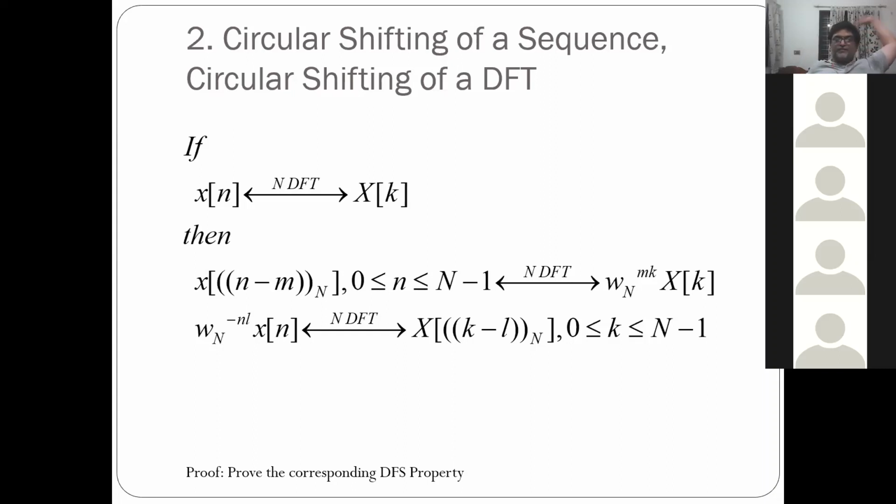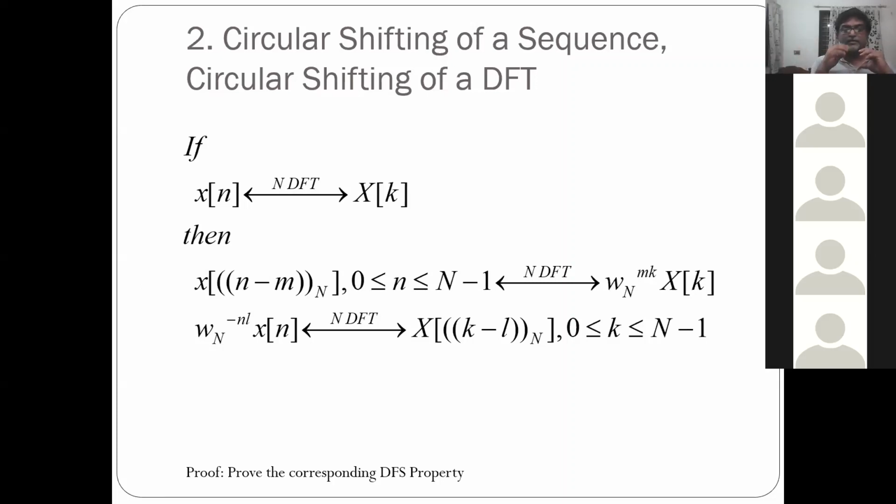Now, what is x(n modulo N)? We started today's class by discussing the modulo operator, right? n modulo N takes values 0, 1, 2 up to N minus 1. x(n modulo N) refers to the periodicity of the signal. n modulo N is the remainder of n divided by N, and it is therefore reduced to a number between 0 and N minus 1.